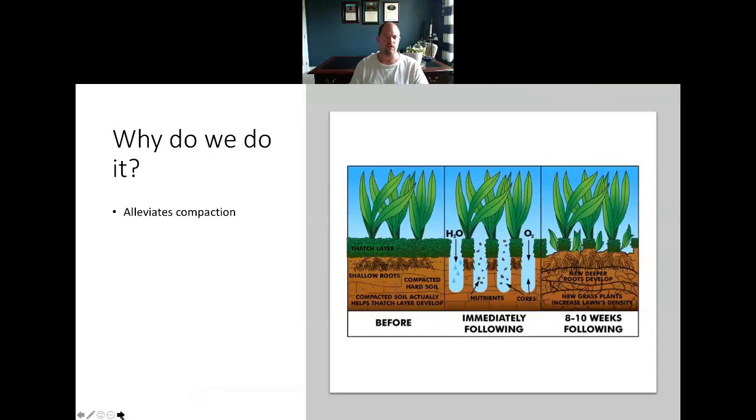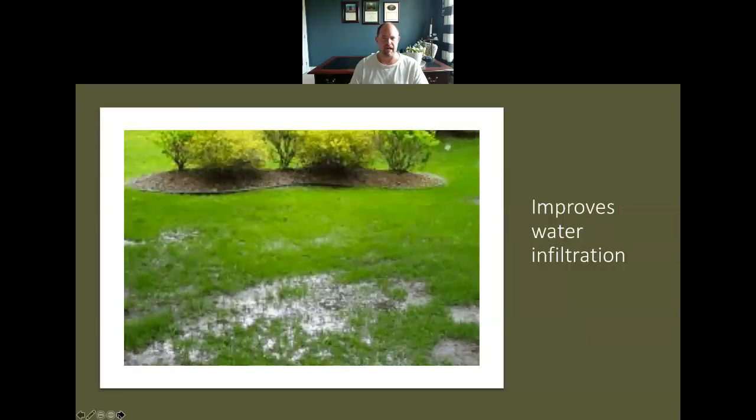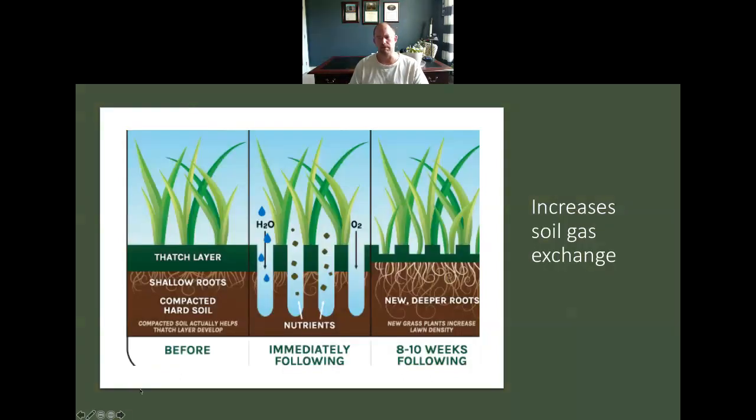So why do we do it? Well, the main reason that we do it is that it alleviates compaction. Another reason is it improves water infiltration. Another reason is that it increases soil gas exchange. Again, we sometimes forget that roots do need oxygen.